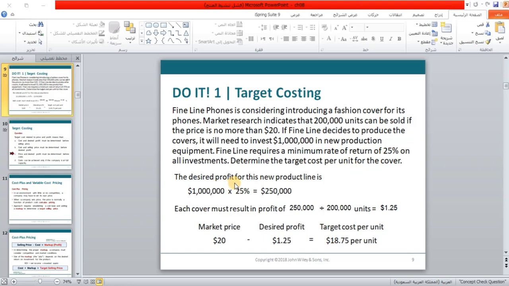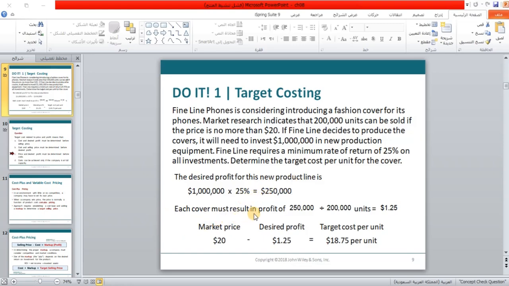The desired profit for this new product line equals the amount to be invested, $1 million, times the desired rate of return, 25%, which equals $250,000.